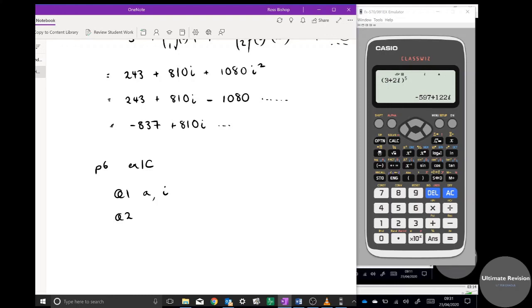Question 2, I want you to do the whole of question 2. Question 3 looks quite good as well. Or in fact, I'm going to make you do all the way up to question 9 because they're not that long. So basically, you've got to do the whole exercise, but for question 1, just do A and I. You can use your calculator as a check.